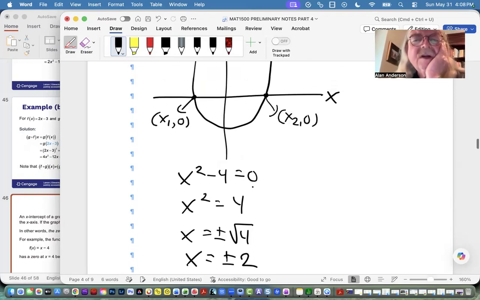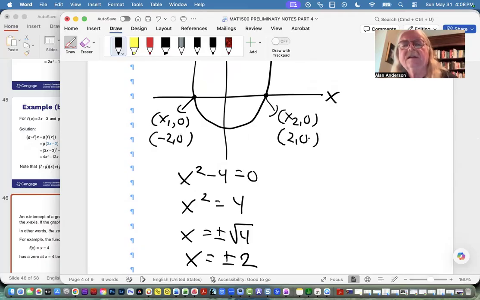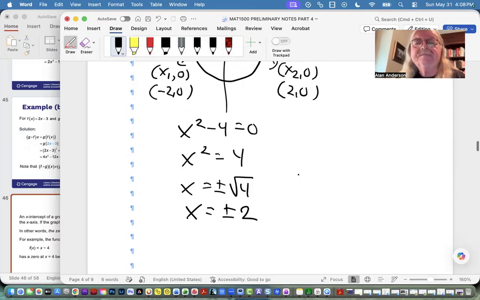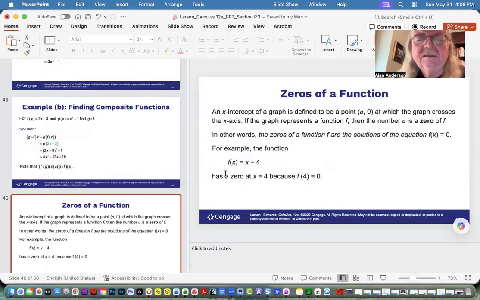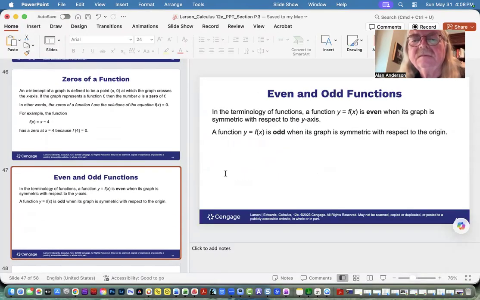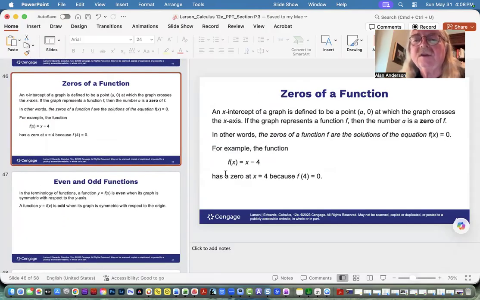So in other words, on this graph, you've got the 2 points, negative 2, 0, and 2, 0. And those are my solutions, or zeros. Oh, and that's all they had to say about that.